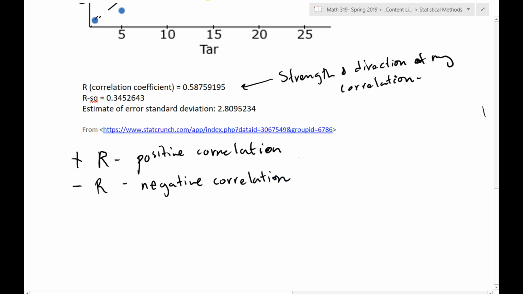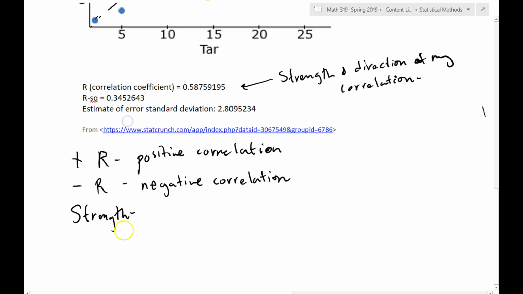So not only can we find that inside of the scatter plot, we also get it from R. R tells me if it's positive or negative. If R is positive, it's a positive correlation. If R is negative, it's a negative correlation, right? And then I get my strength, the strength of my correlation.